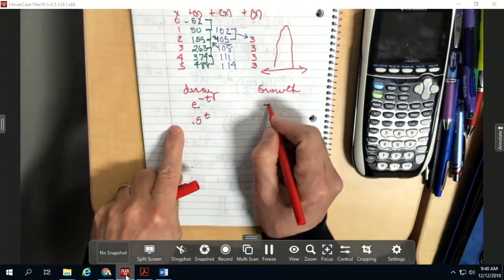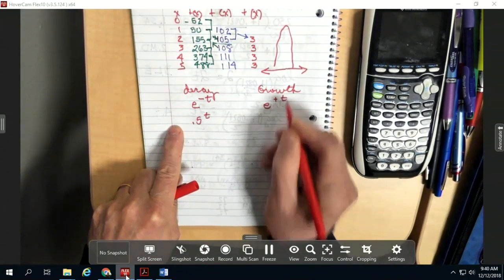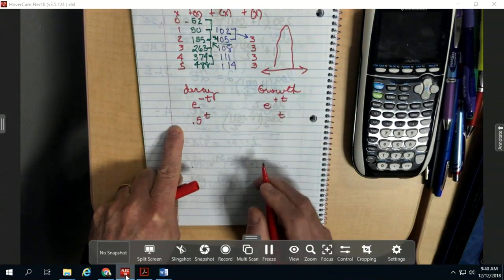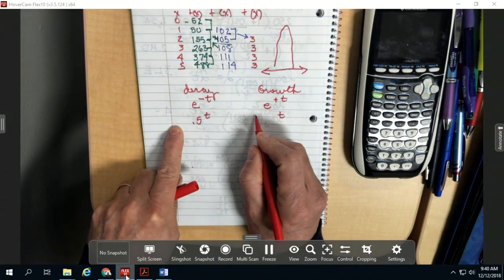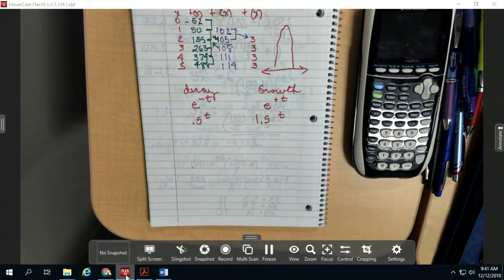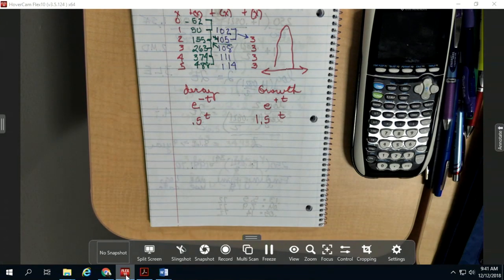Growth is e to the positive something, or what to the t? A number bigger than 1 to the t, right? So you can tell by looking at the formula whether it's going to be decay or growth. Okay. Let's go back here.